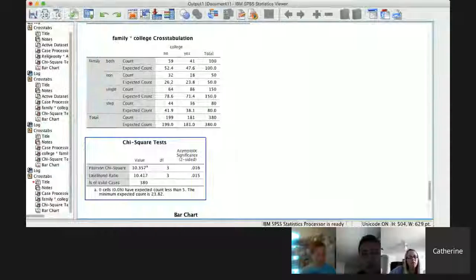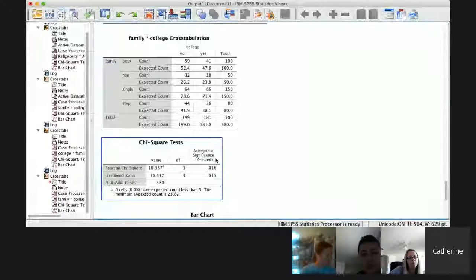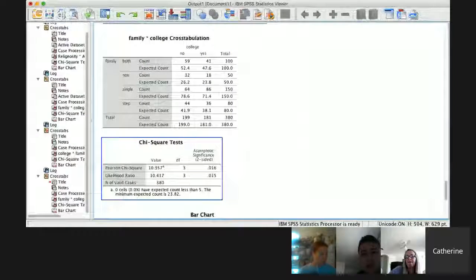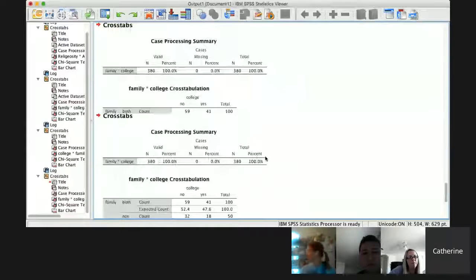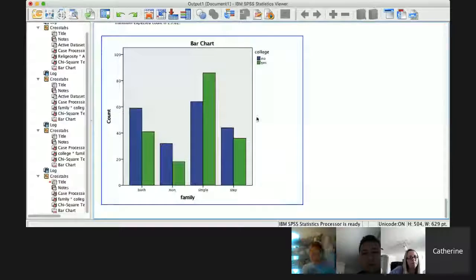And then your calculated p-value should be 0.016. My p-value is 0.016. So I guess it didn't really matter. Which ones went in row or column? That does matter because that changes your graph completely. Okay. But just the way we did it, mine were kind of screwed up, but they still got the same answers.